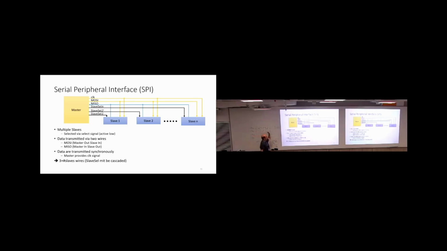How does this work? Well, in the first place, you see there are way more wires. But at the same time, you see we connect to a lot of clients. So we have effectively two wires, or three wires, I would say. One for clock, that is now provided by the master, by the server.